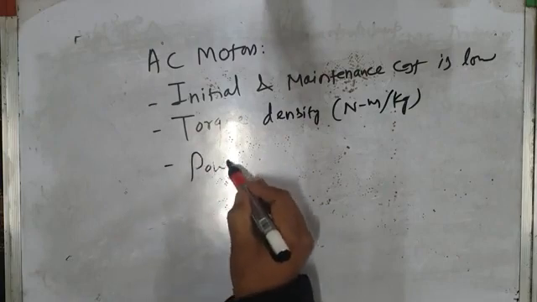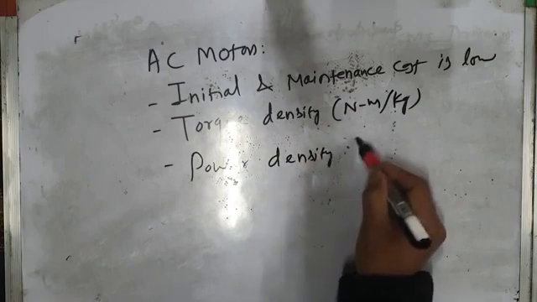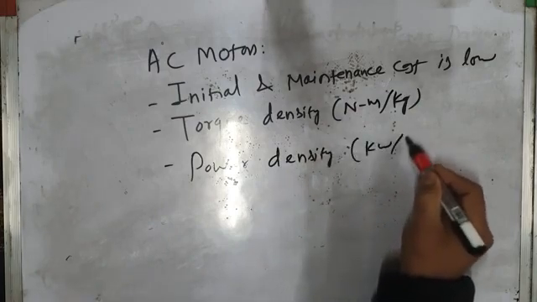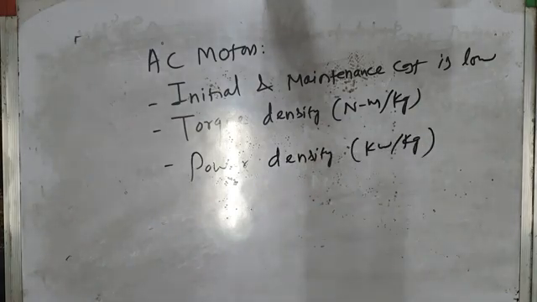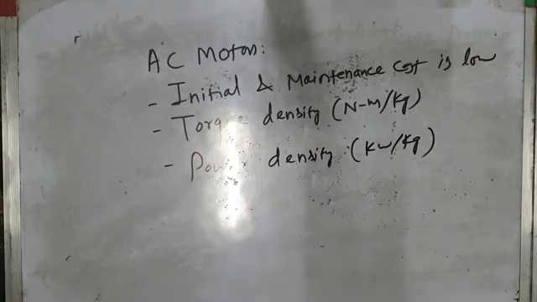Similarly, the power density of AC motors is high. Power density is given in kilowatts per kilogram. If you take a certain weight of DC motor and AC motor, you will find that for the same weight, the power developed by an AC motor is more than that of a DC motor.